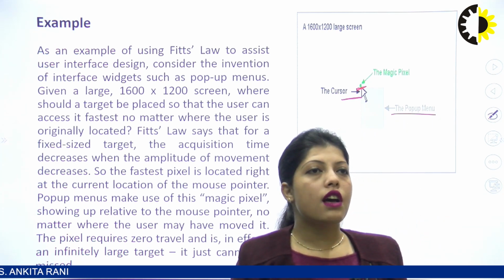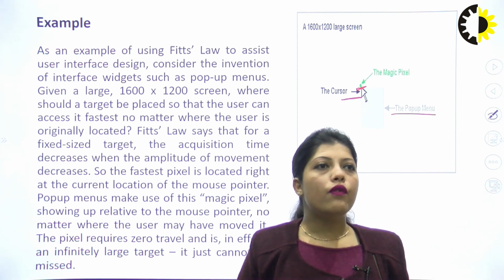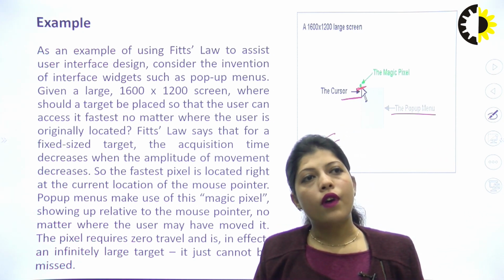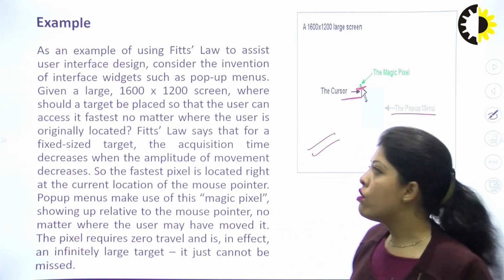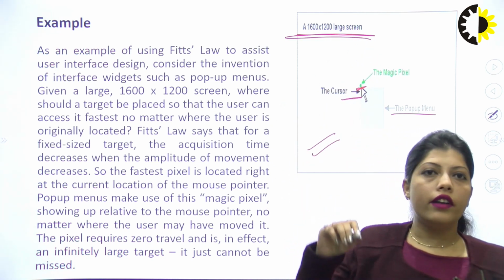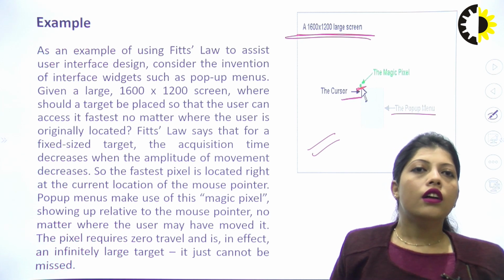Given a large 1600 by 1200 screen, where should a target be placed so that the user can access it fastest no matter where the user is originally located? If you have this screen area, the user can be confused about where to put the cursor and where to put the icon.